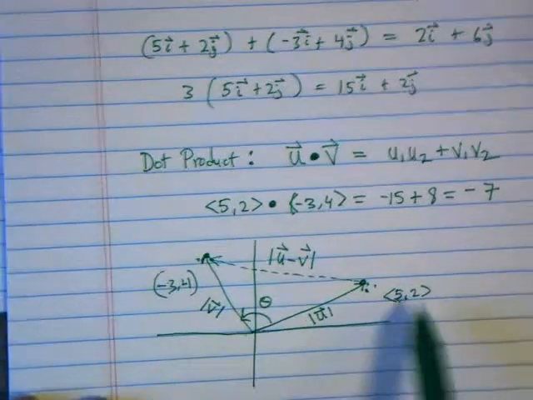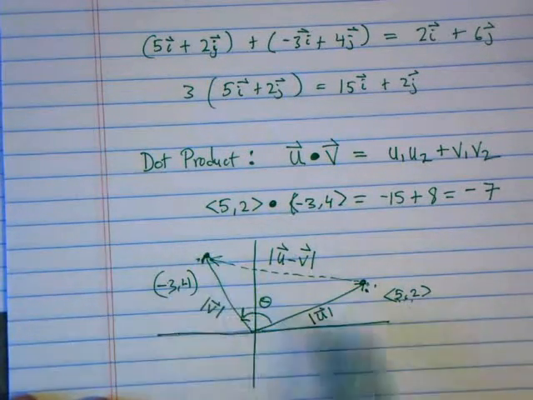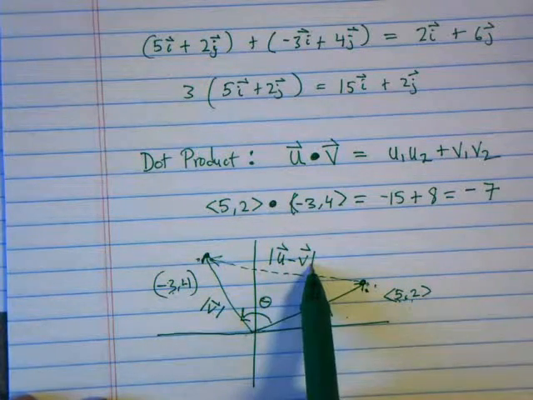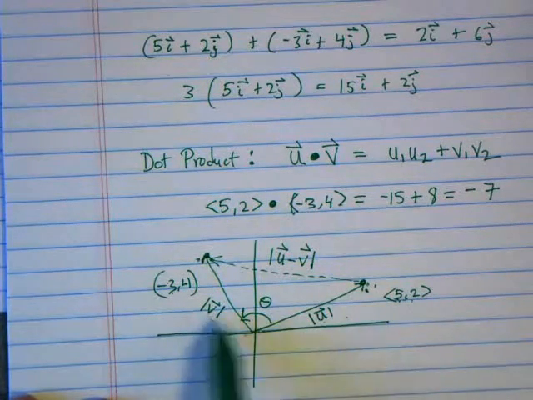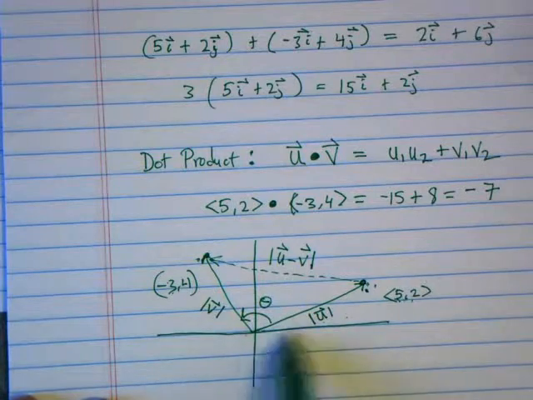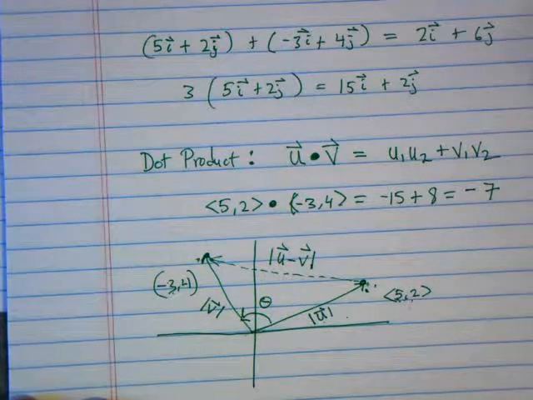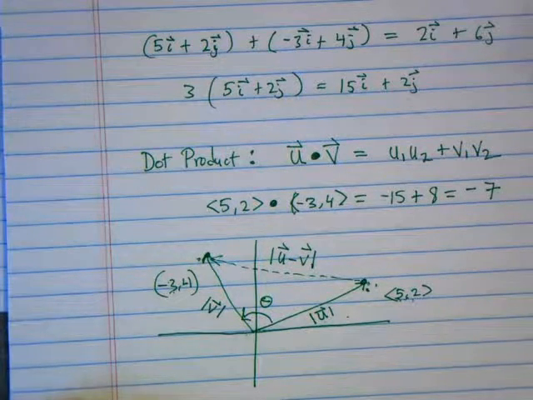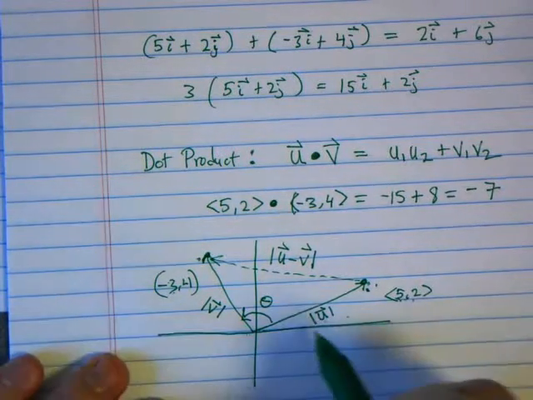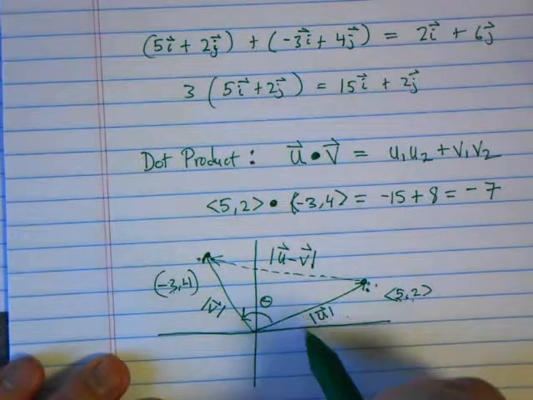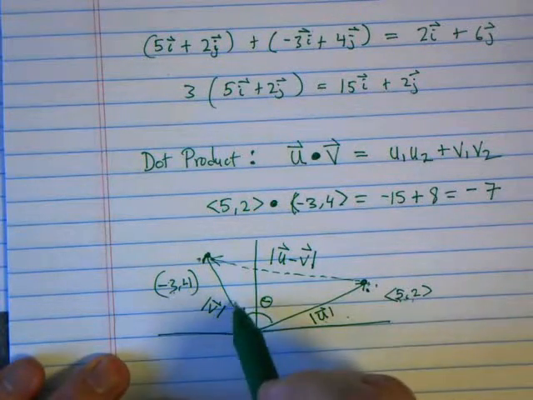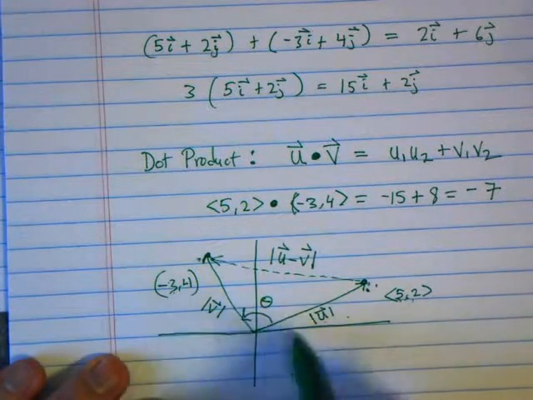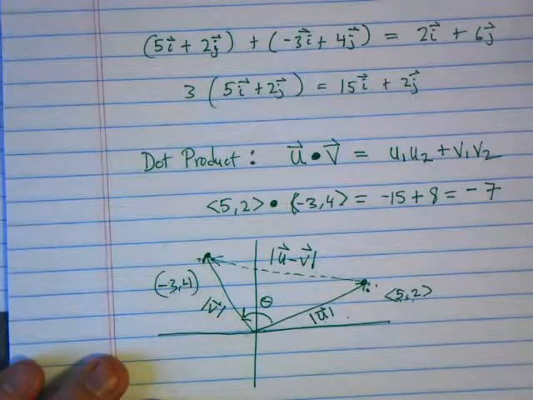So we could do the arithmetic and find the lengths of all three of these vectors. How would you then find this angle between the two vectors? You would use the law of cosines, wouldn't you? Or find those two angles and subtract them. I suppose I could find this angle, and I could find that angle, and then subtract the two answers. That would certainly work.